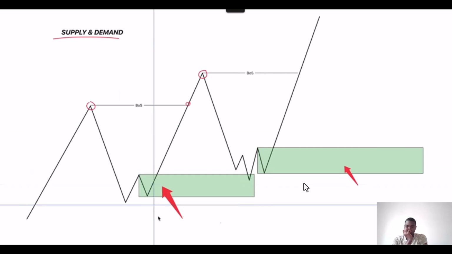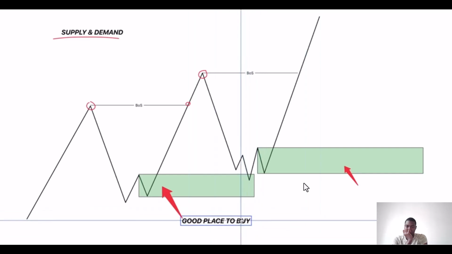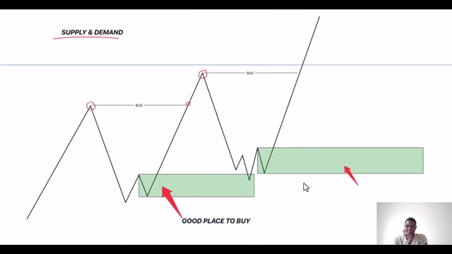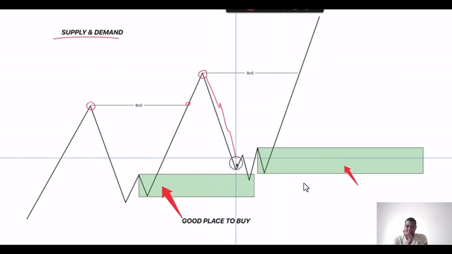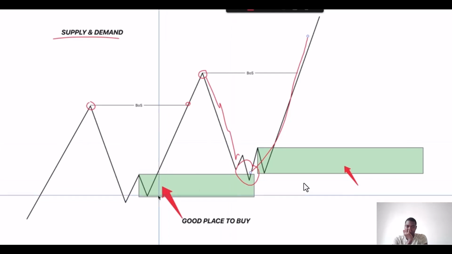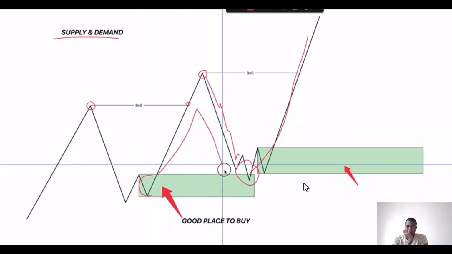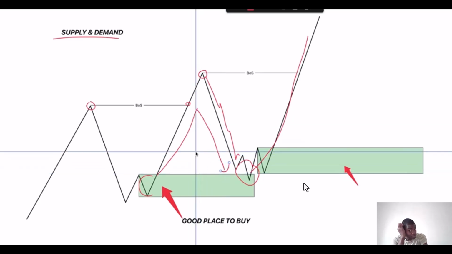This tells us that this is a good place to buy. And basically the concept will then be, if this is seen as a good price level to buy at, when the market returns to this level again, we are likely to see more buying taking place. Okay? If there's a discount and then things get expensive, and then it comes back down to the discount and you want it, well, you're probably going to buy it down there.